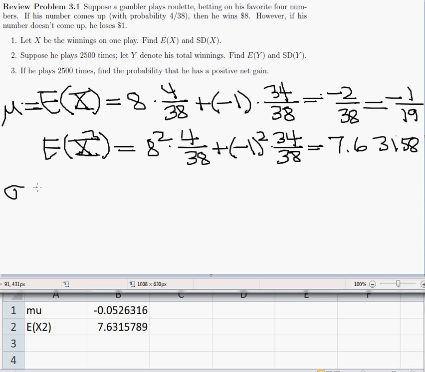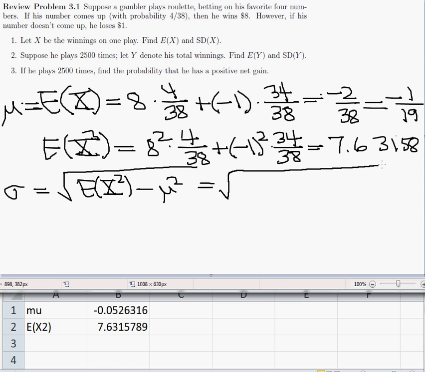And so finally, the standard deviation will be equal to the square root of expected value of x squared minus mu squared. So that'll be equal to the square root of what we just got, 7.63158 minus -1/19 squared.